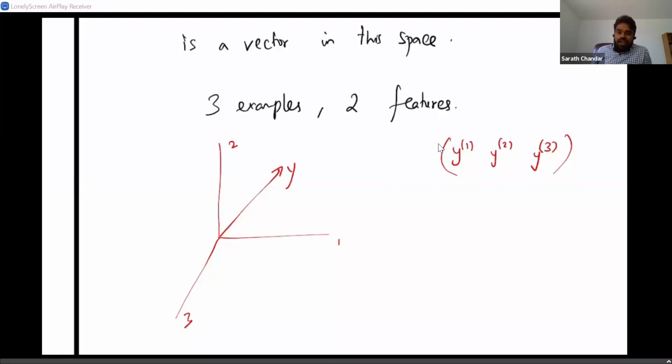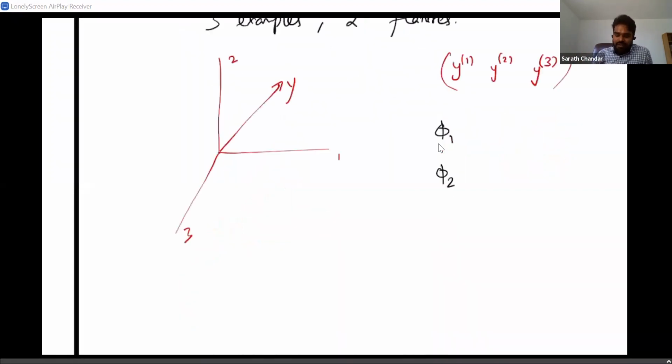Now we have 2 features, right? Let's call those features phi1 and phi2. When you apply phi1 for all the 3 examples, you're going to get a vector of size 3. So let's look at the phi matrix.